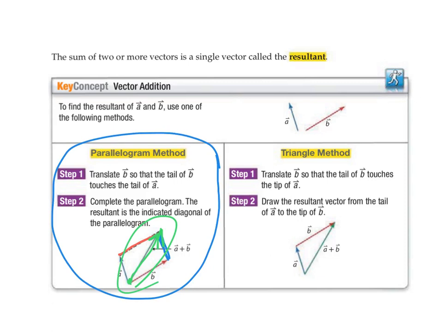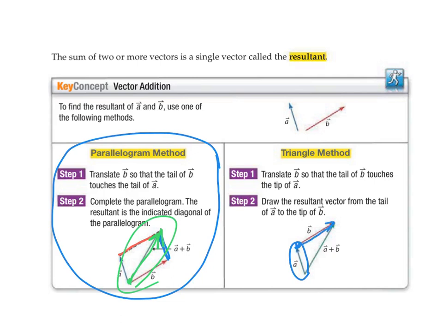They started with vector A. This was the first one that they drew here. And after they drew vector A, then they added vector B to their drawing so that the initial starting point of vector B, right here, is going to be touching the final point of vector A. And then they drew vector B right here.